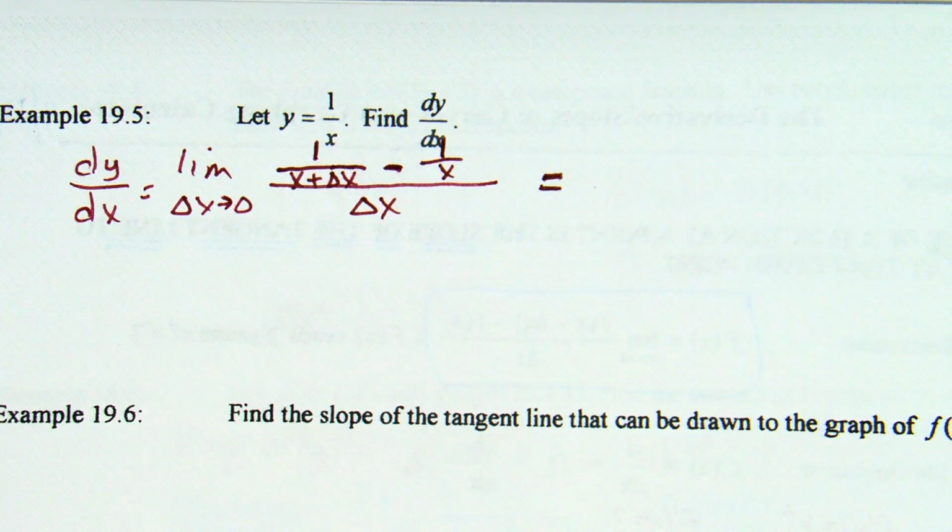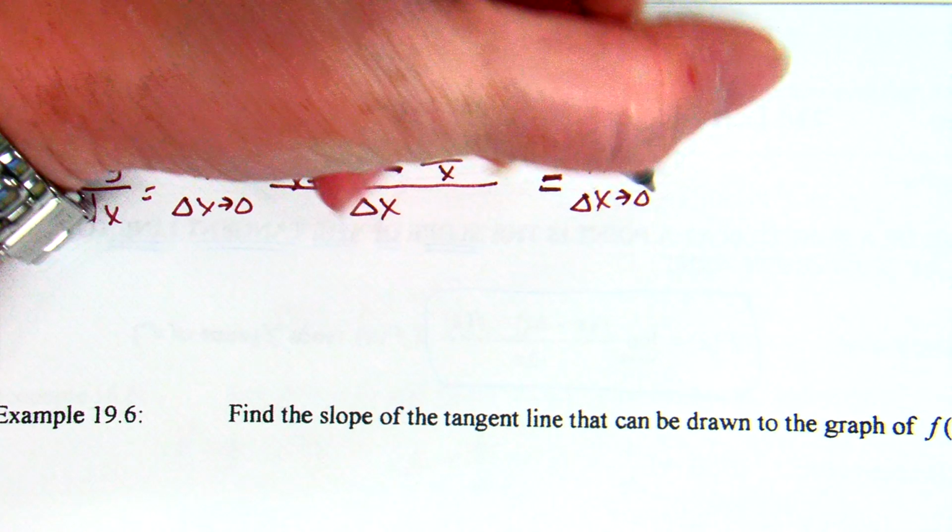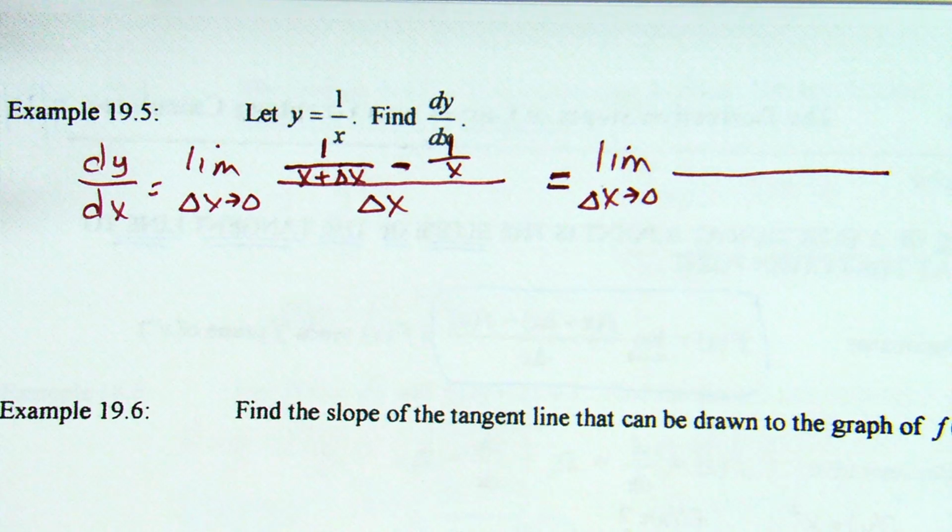We've got to do something with this. Right now, on top, I have a fraction minus a fraction. How can I deal with a fraction minus a fraction? Let's work to put this in one fraction. So let me start by writing the limit as delta x approaches 0. I've got my fraction line.